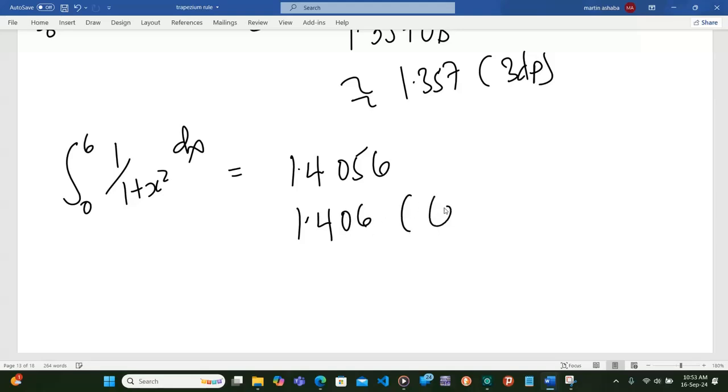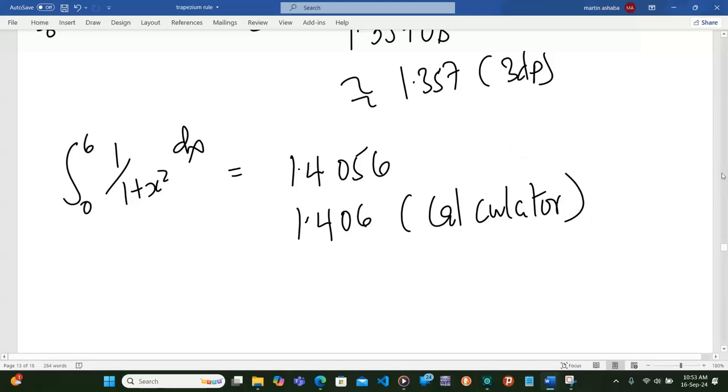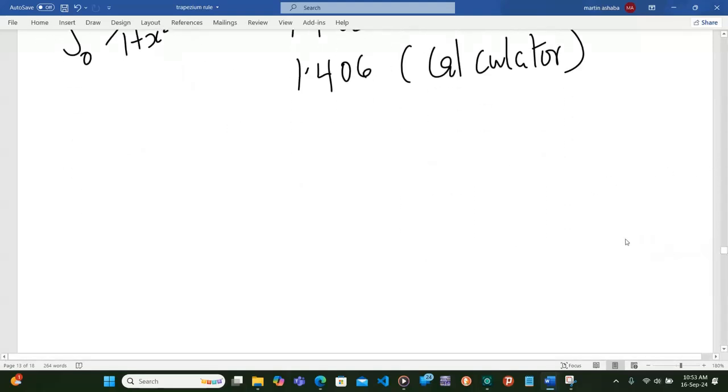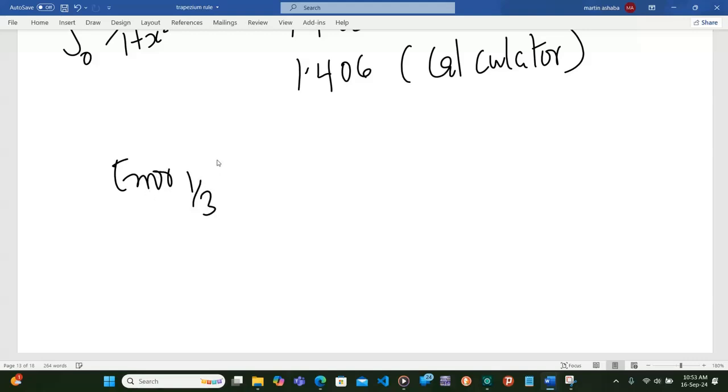So this is 1.406 from the calculator. If I compare with the above rules, the error for the 1 out of 3 rule is 1.406 minus 1.366, so the error here is 0.04.